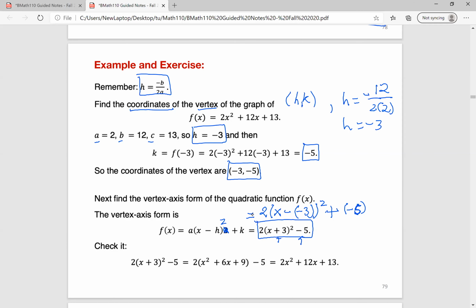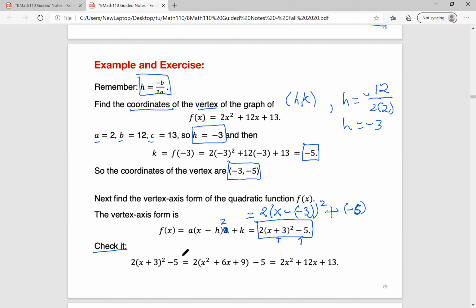And if you want to check it, you can expand this by using distribution, and you will have 2x squared plus 12x plus 13. But usually if you have enough time, then you're going to do this step.